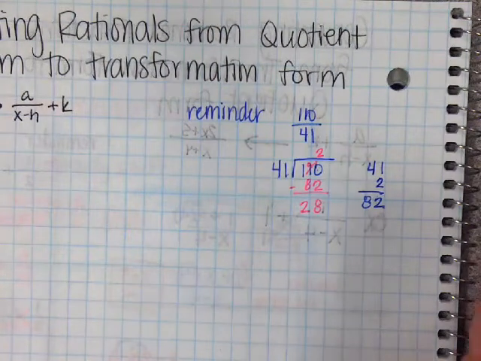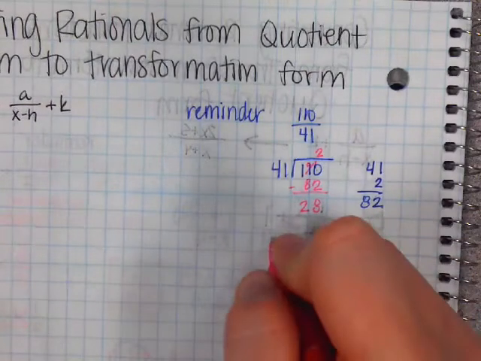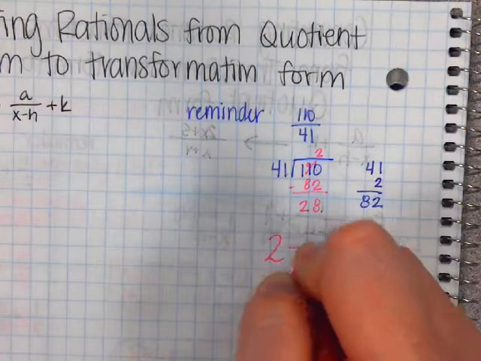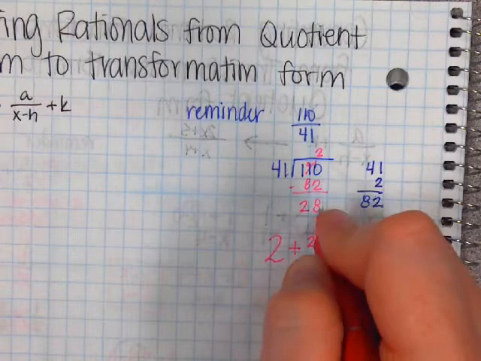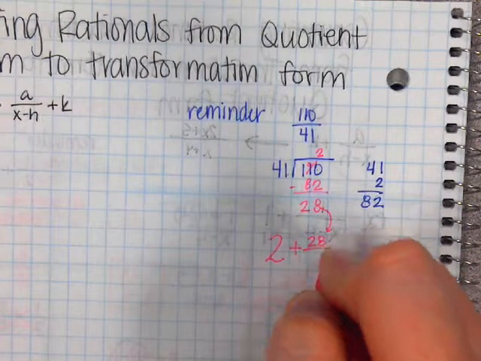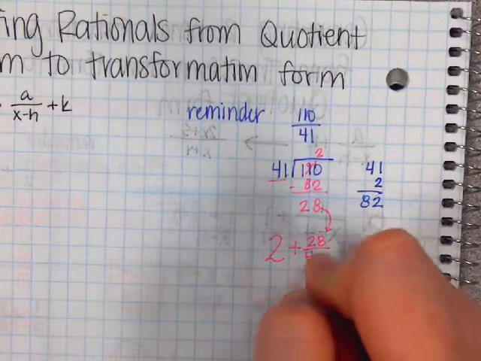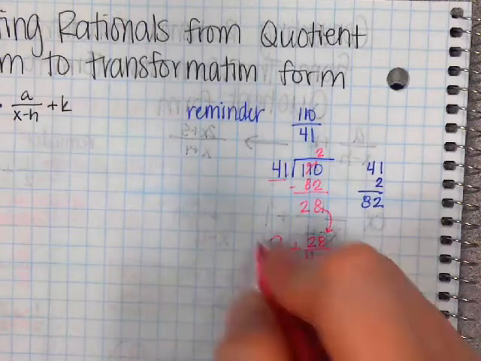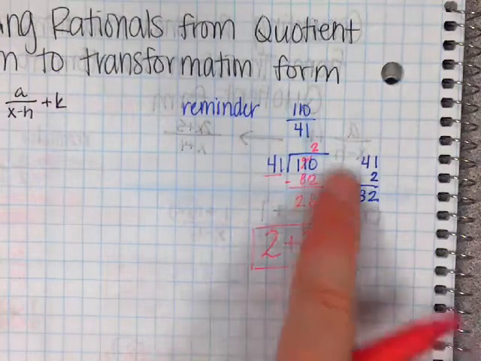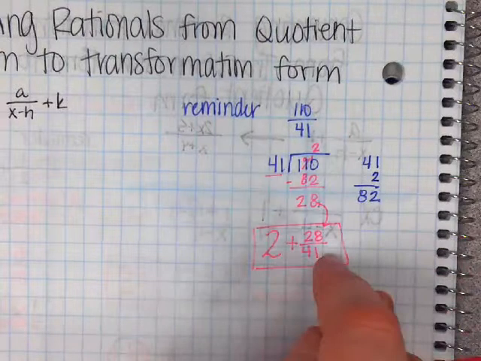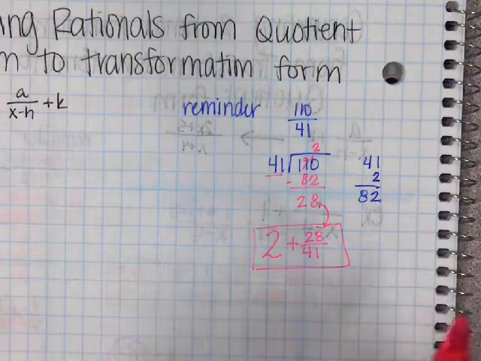Okay, so the way we write this is it's 2 plus, we had a remainder of 28, so you put the remainder on top over whatever you were dividing by. That's a reminder of how you divide and write it as a mixed number.